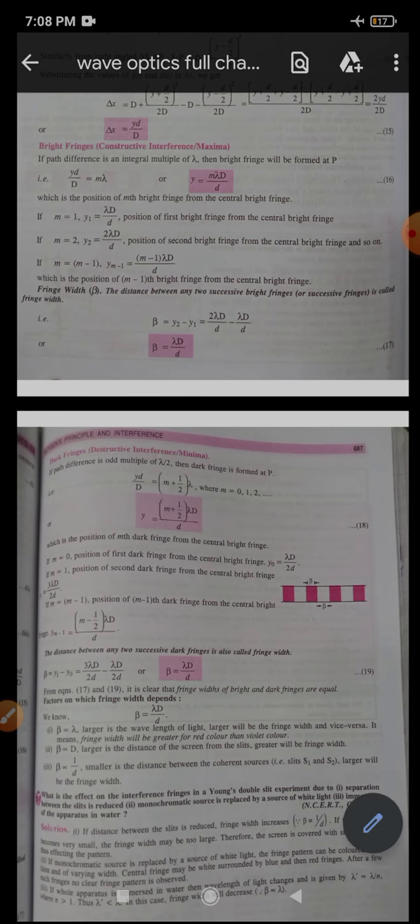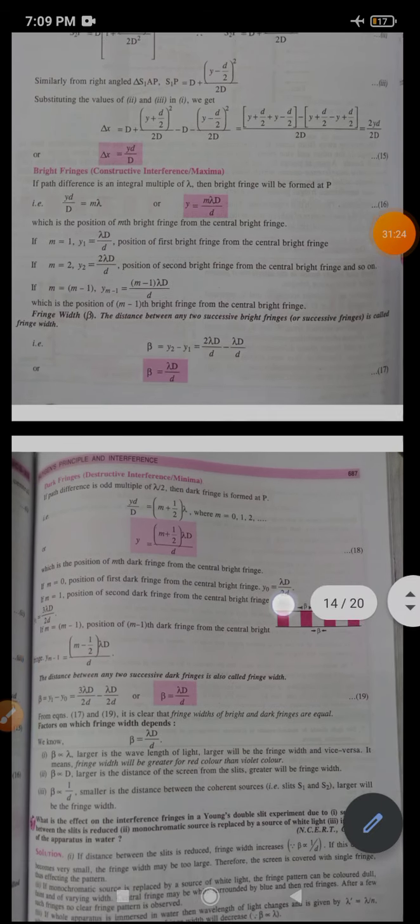So the difference between those two gives the distance between the bright fringes, that is the fringe width, denoted by the letter beta, equal to y2 minus y1. We have y2 as 2 lambda D divided by d minus y1 as lambda D divided by d. So by these equations we have beta is equal to lambda D divided by d. This is the fringe width.